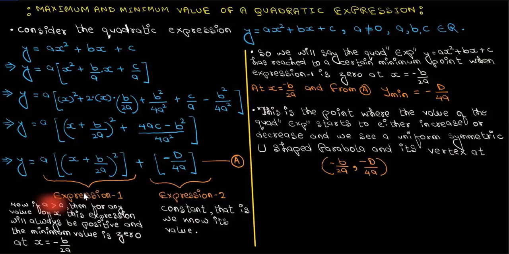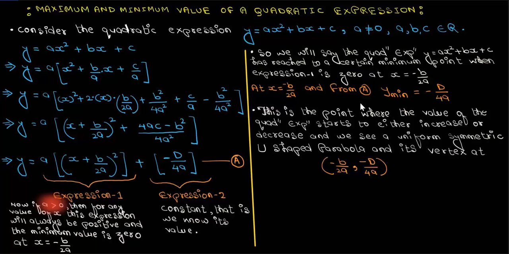So this expression will always be positive, and the minimum value is 0 at x equal to minus b by 2a. If you put x equal to minus b by 2a, it will be the minimum value of expression 1. So we will say the quadratic expression y equal to ax square plus bx plus c has reached a certain minimum point where expression 1 is 0 at x equal to minus b by 2a.